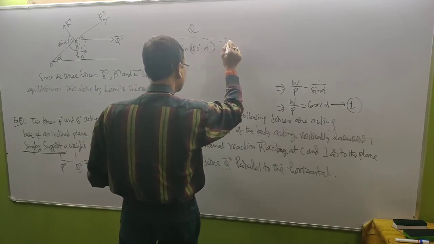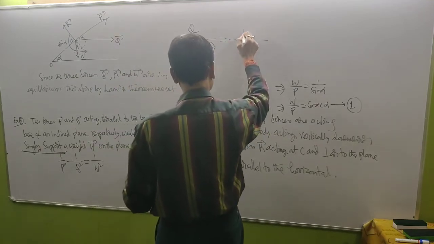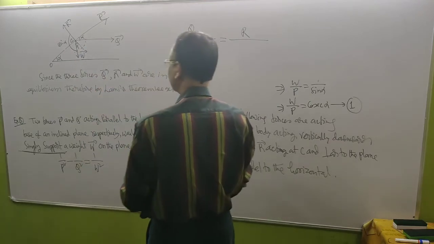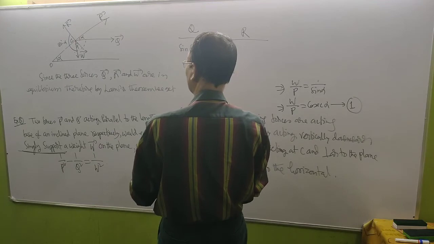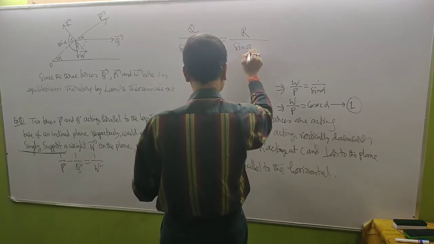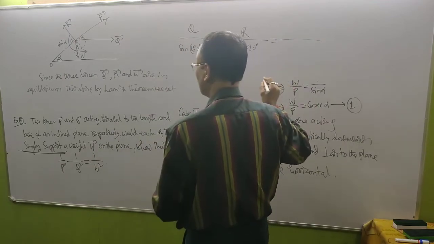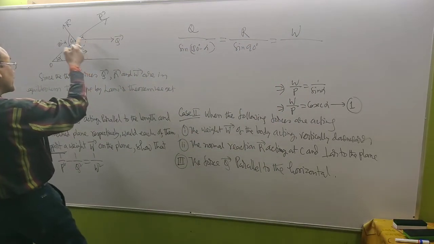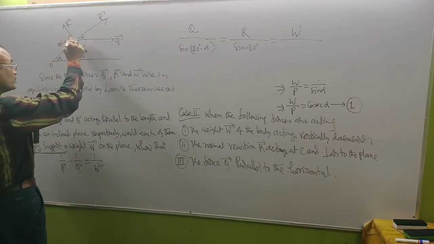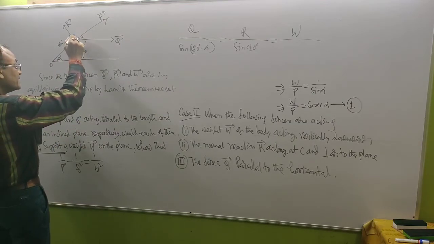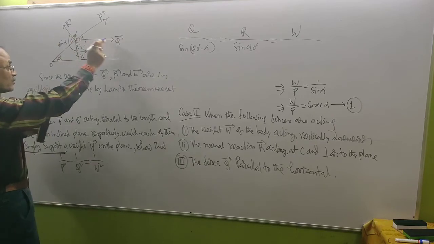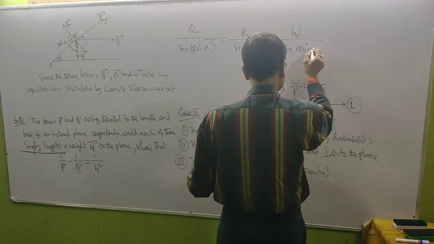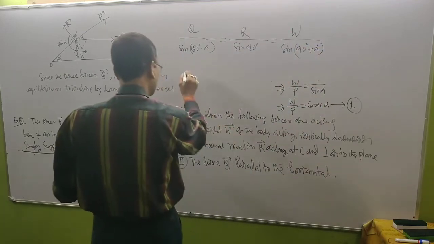This is equal to R divided by sin of the angle between Q and W, which is 90 degrees, equal to W divided by the angle between Q and R. The angle between Q and R is 90 degrees plus alpha, so sin of it is cos alpha.